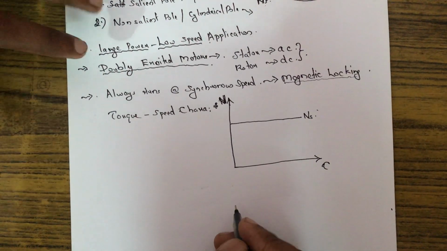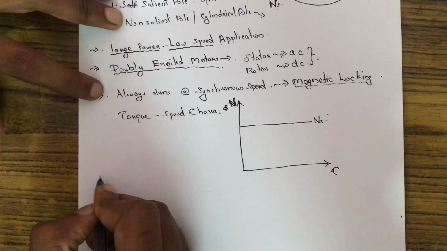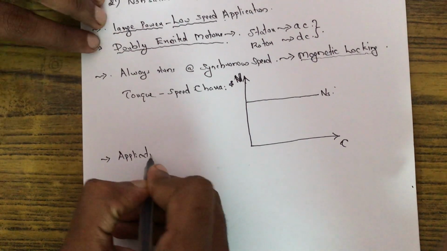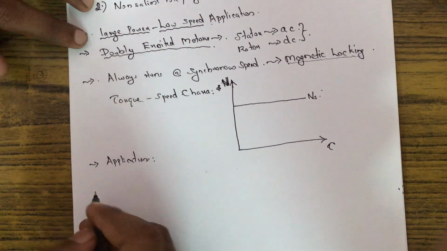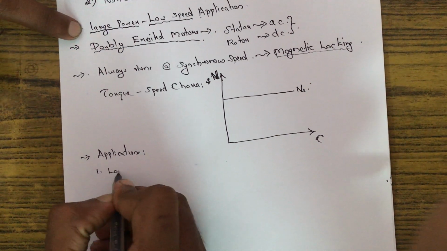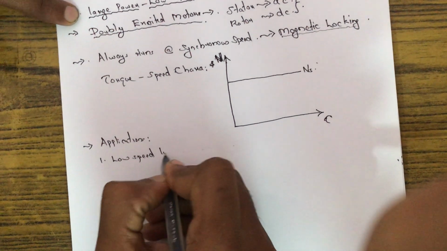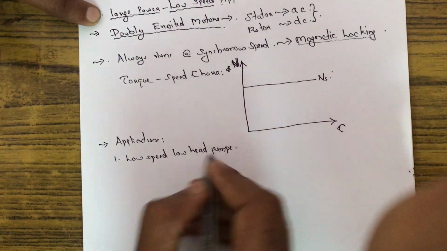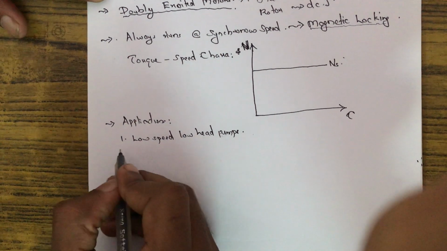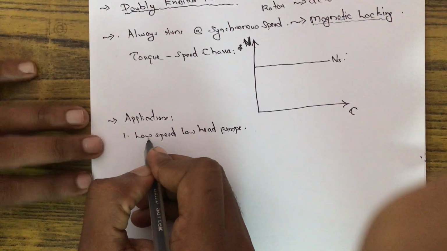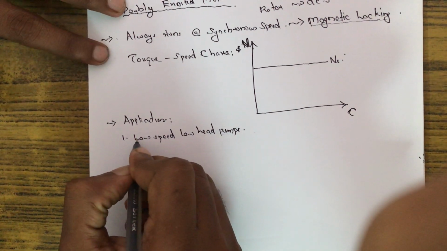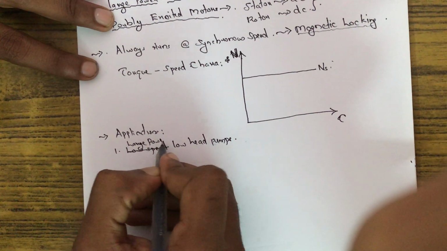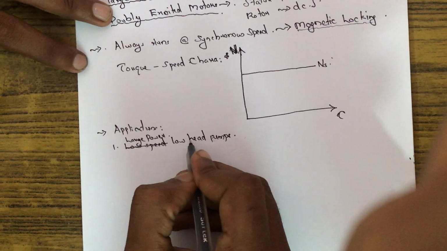Next we can see some of the applications of synchronous motors. Some of the applications are low speed, large power, low head pumps. Low head means low speed. If the head is low, the speed will be low.